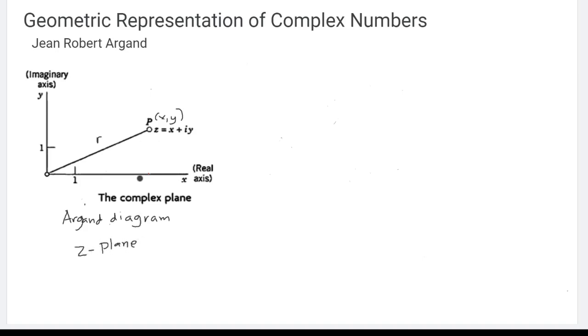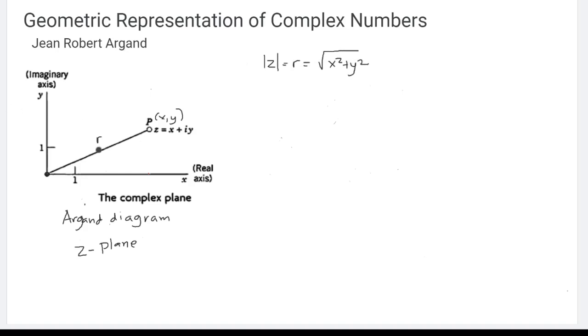So graphically, a complex number is represented by a vector joining the origin and point P, where z equals x plus yi. And our complex number has a length |z|, or absolute value of z, or equivalent to r. And this is equivalent to square root of x squared plus y squared.